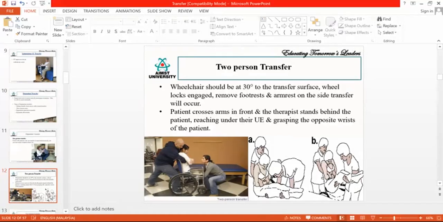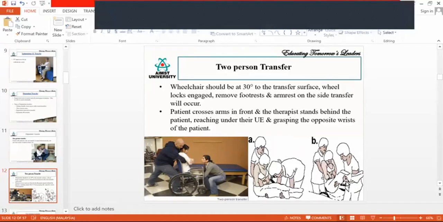Then at the count of 3, you lift the patient, transfer like this and position the patient in the next position. After positioning, you have to make sure that the patient is safely stable in the second position. Sometimes what happens, you just shift the patient to the bed, then you turn towards the wheelchair to move that side.